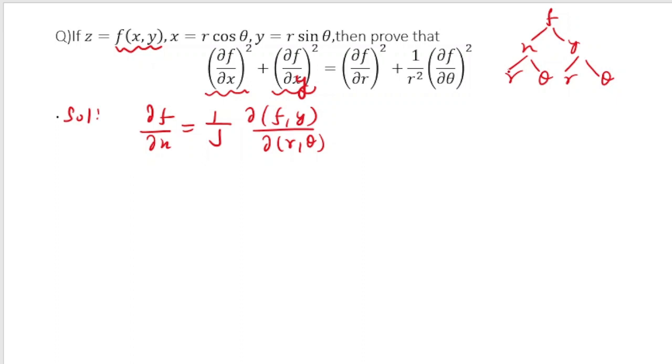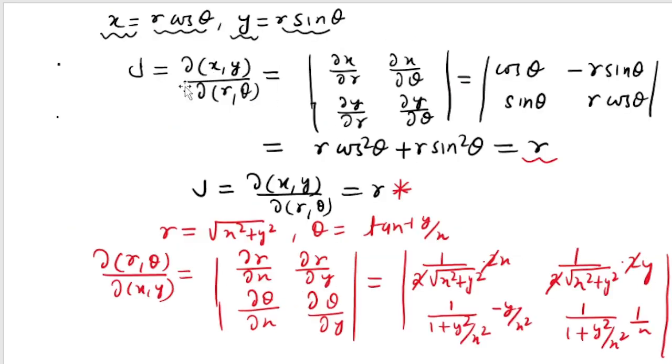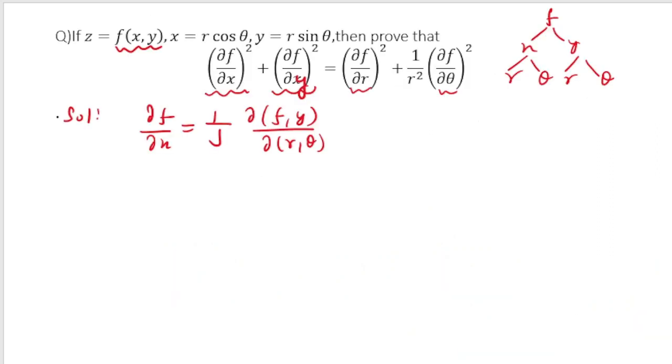I can write ∂f/∂r using the chain rule, but now I want to write ∂f/∂x in terms of ∂f/∂r and ∂f/∂θ. Pause the video, think about it. Now 1/J I already calculated in the previous slide, so I am not going to repeat it. With the transformation x equal to r cos θ, y equal to r sin θ, the Jacobian value I get is r.